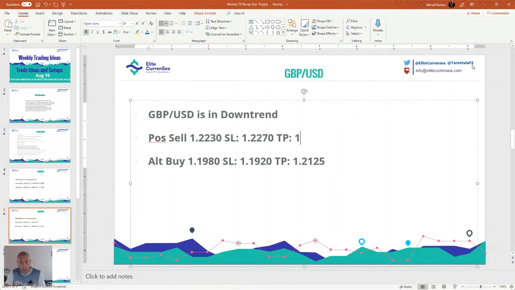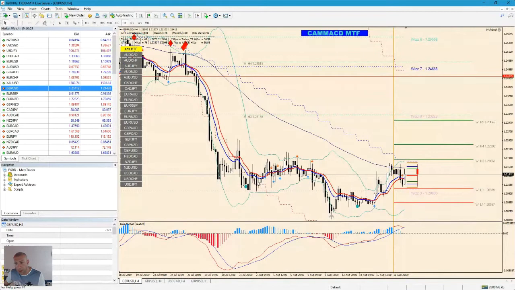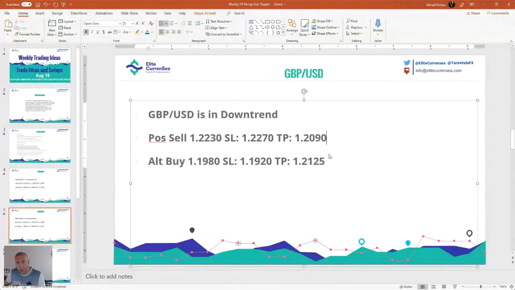If it breaks it, then it's a breakout trade opportunity. Let me just check once more. Yeah, it's a breakout trade opportunity if it gets there.